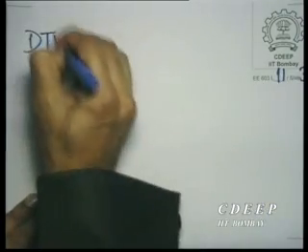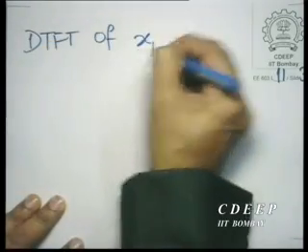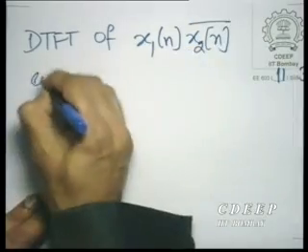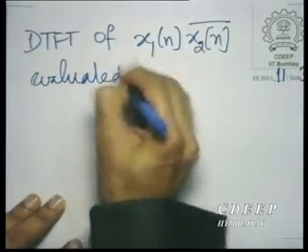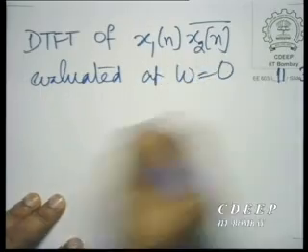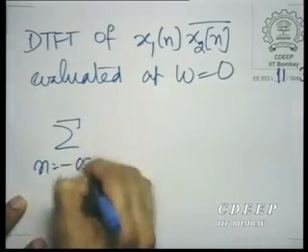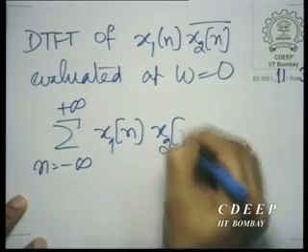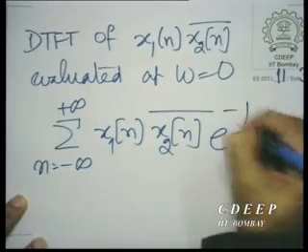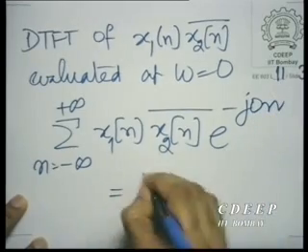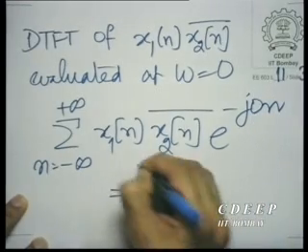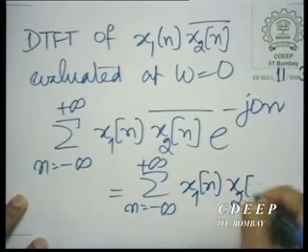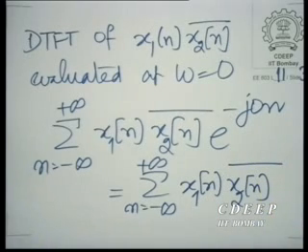It is simply the summation over n going from minus to plus infinity of x1[n] x2 complex conjugate [n] e^(−j0n), which is the summation of x1 x2 complex conjugate over all n.